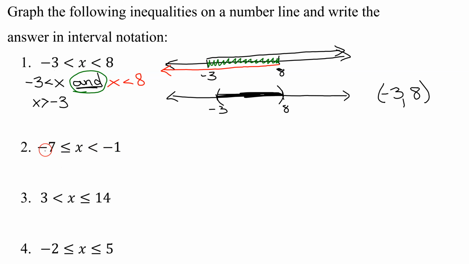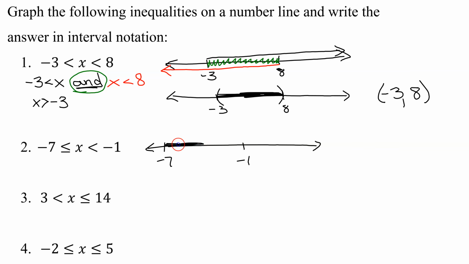Did the numbers go from least to greatest? Yes, -7 is less than -1. And are the inequalities less than or equal to? Yes. So this is an in-between statement. X lies in between -7 and -1. So I'm going to put -7 and -1 on my number line.